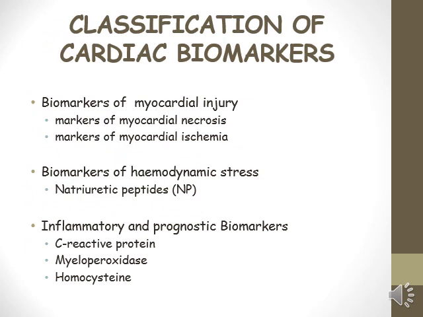Classification of cardiac biomarkers: biomarkers for myocardial injury as markers for myocardial necrosis, markers for myocardial ischemia, biomarkers of hemodynamic stress such as natriuretic peptides, and inflammatory and prognostic biomarkers such as C-reactive protein, myeloperoxidase, and homocysteine.